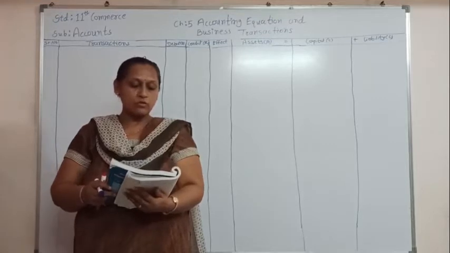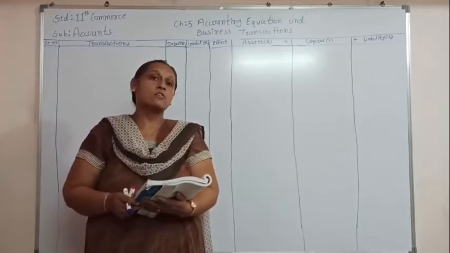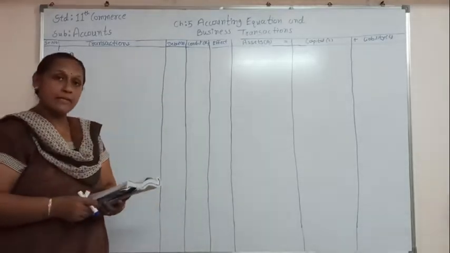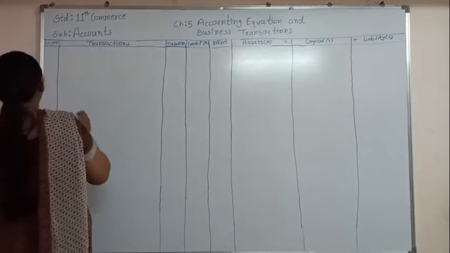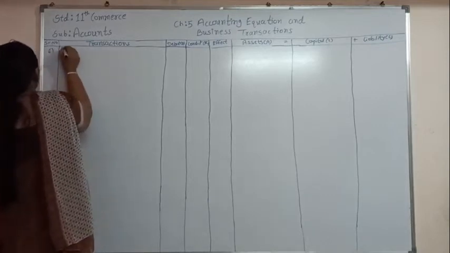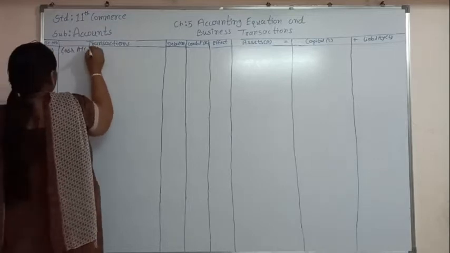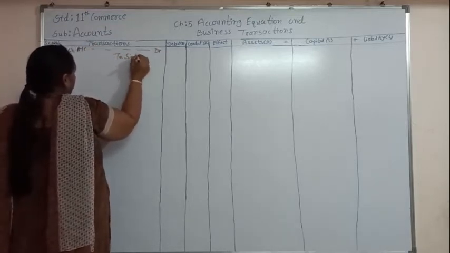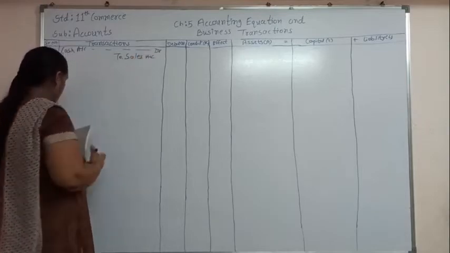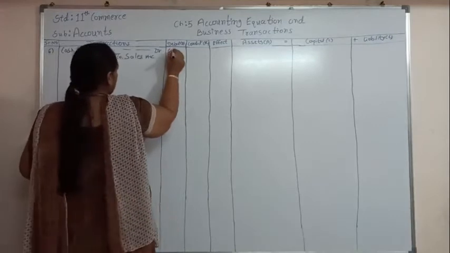Transaction number 6. Goods of rupees 3,000 sold for 6,000 in cash. So the journal entry will be cash account debit to sales. Here we have sold the goods for 6,000 rupees.